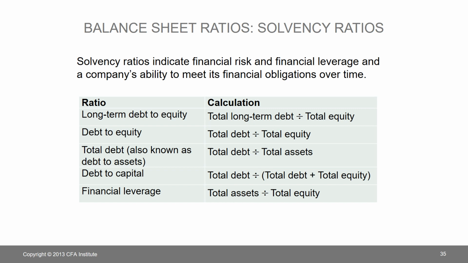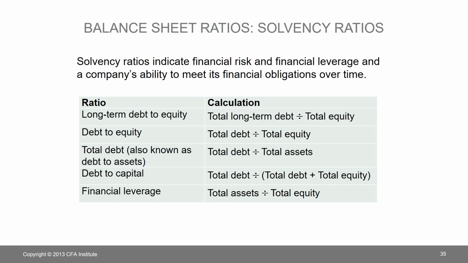The first one, the ratio of long-term debt to equity. This one measures the amount of long-term debt capital relative to equity capital. For example, a ratio of 1 would indicate equal amounts of long-term debt and equity. A higher ratio indicates a higher financial risk and thus weaker solvency.